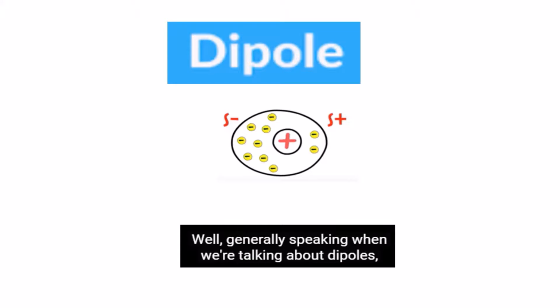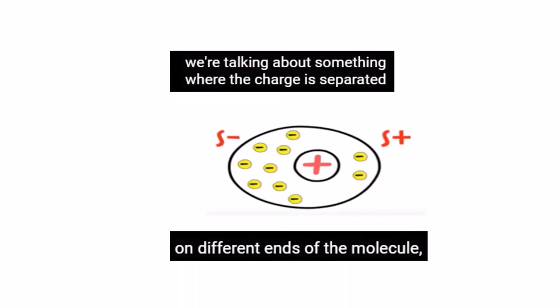How about dipole? What is a dipole? Well, generally speaking, when we're talking about dipoles, we're talking about something where the charge is separated. We have here the slightly positive end and we have here the slightly negative end.